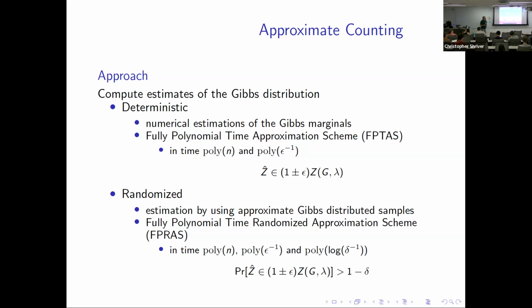Right? So yes, we mostly care about the randomized version, but the discussion is better motivated if we start by discussing a bit the deterministic approach, which is quite interesting actually.